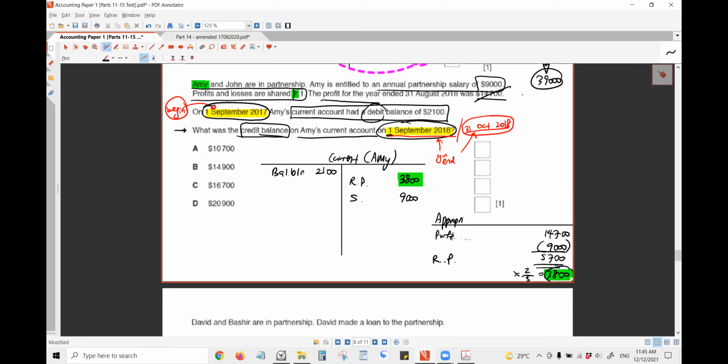What are we trying to find? We are trying to find the balance at the year end. That means you have to balance Amy's current account, then it's done. So do the balancing.